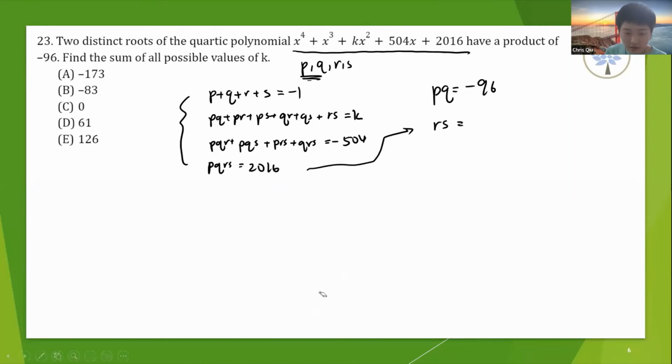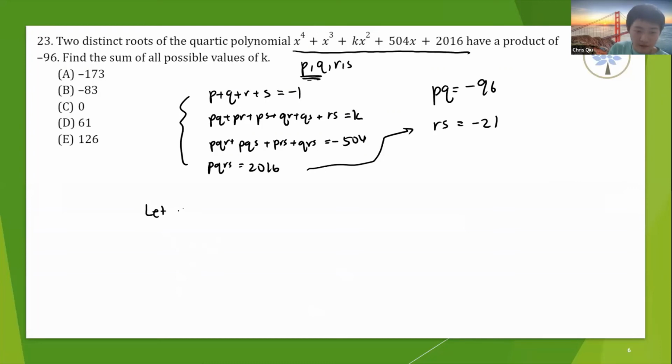How did I get the third equation? These four equations come from Vieta's theorems, which say that the sum of the roots is the negative of this coefficient over this coefficient. Let me write this out.